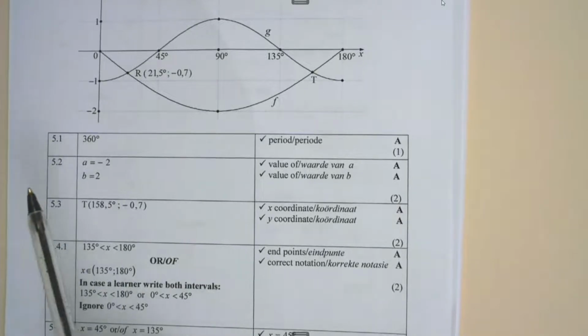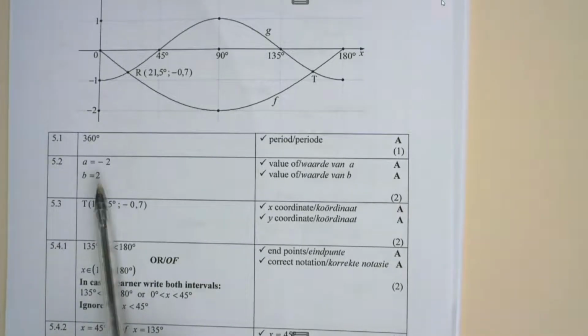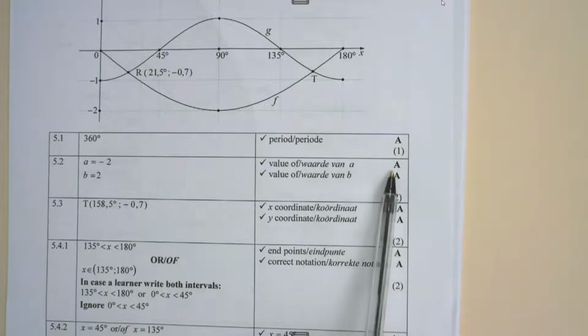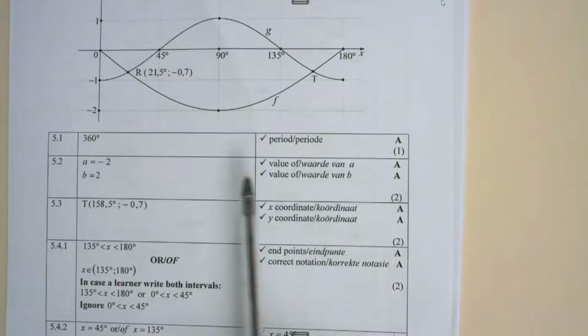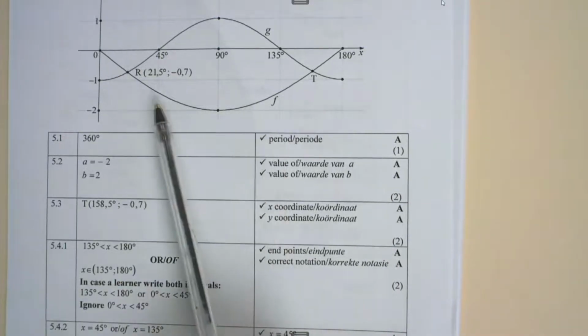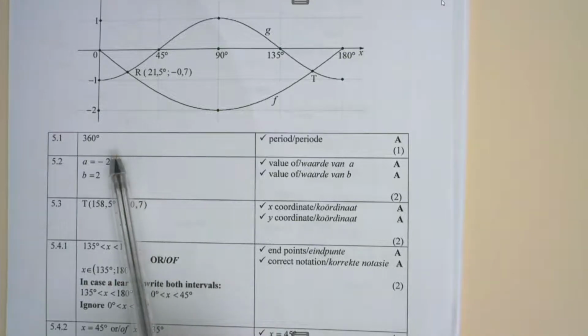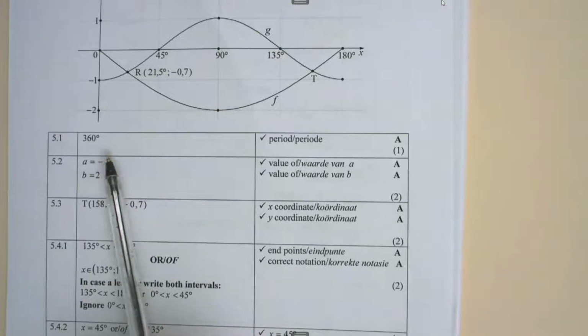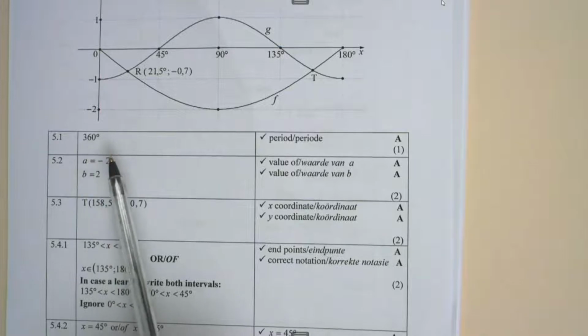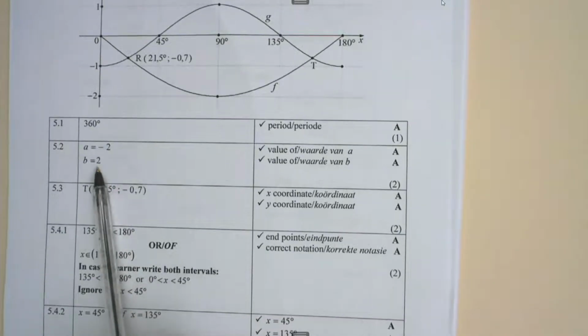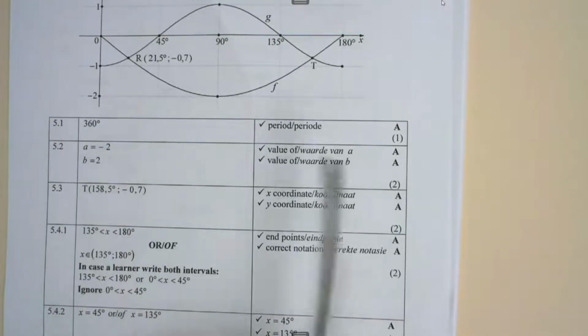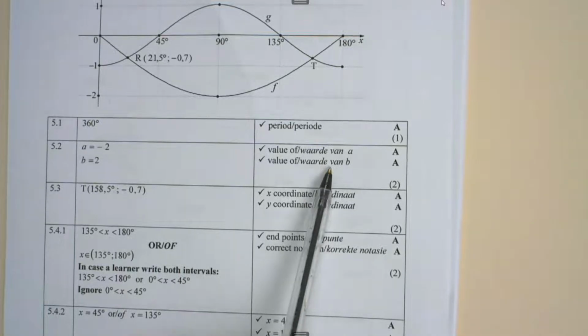And then the value of A now is negative 2. It is also accuracy. As we can see now, the graph will start here on the horizontal x-axis, going below the x-axis, where y is negative. And then the value of B will now become 2. These are also accuracy marks as well.